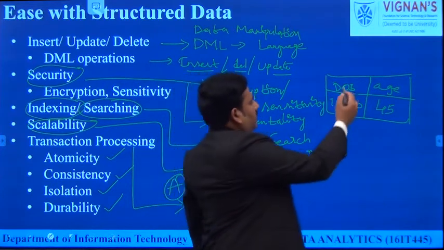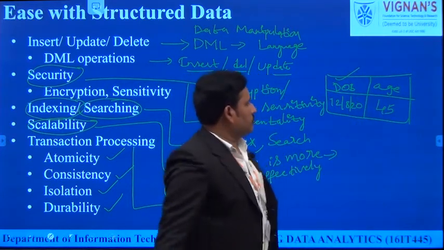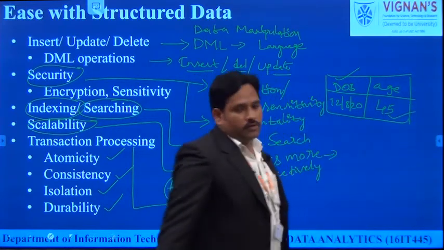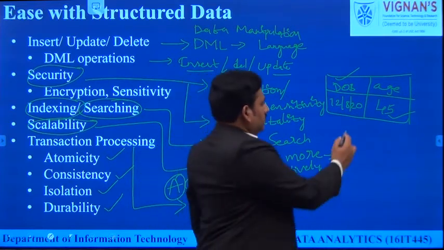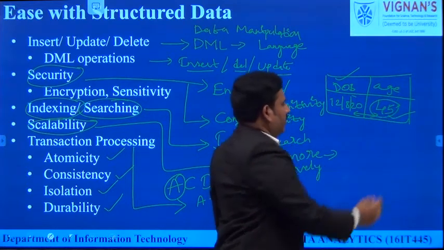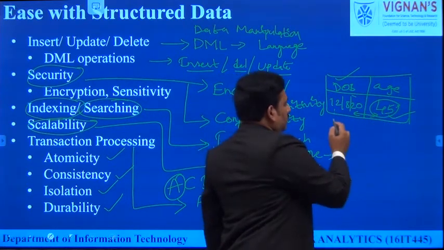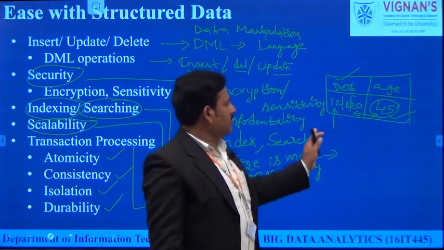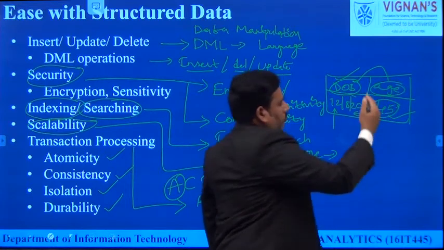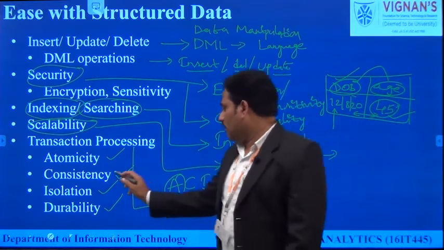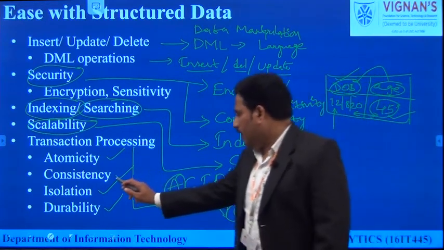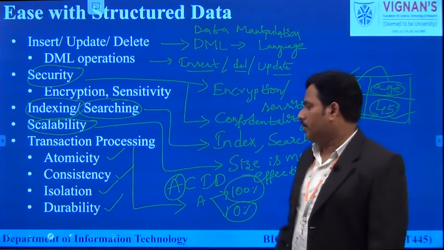If we look at them individually, both are correct. 12th August 2020 can be the date of birth of an employee, or 45 years can be the age of an employee. But if we combine them together, there is a mismatch. If this is the date of birth, we can't expect 45 years of age. If this is the correct age, this might be wrong. So there is an inconsistency between the date of birth and the age of an employee. So this indicates consistency. While storing data in a structured format, it has to preserve the consistency of the data.